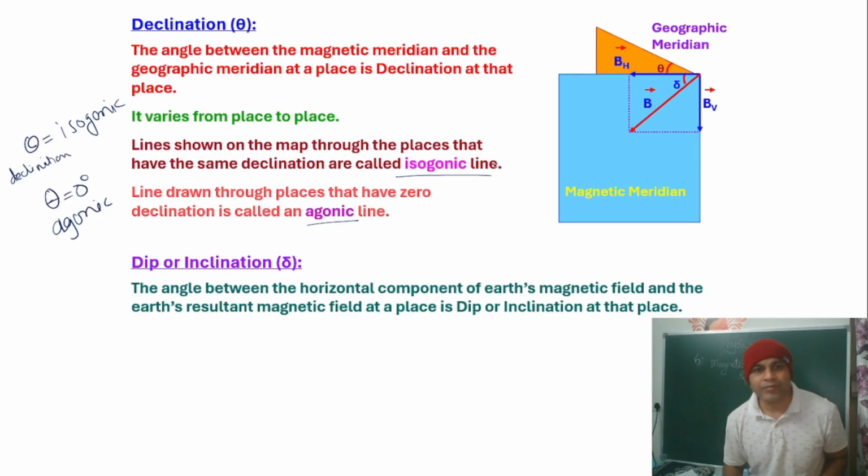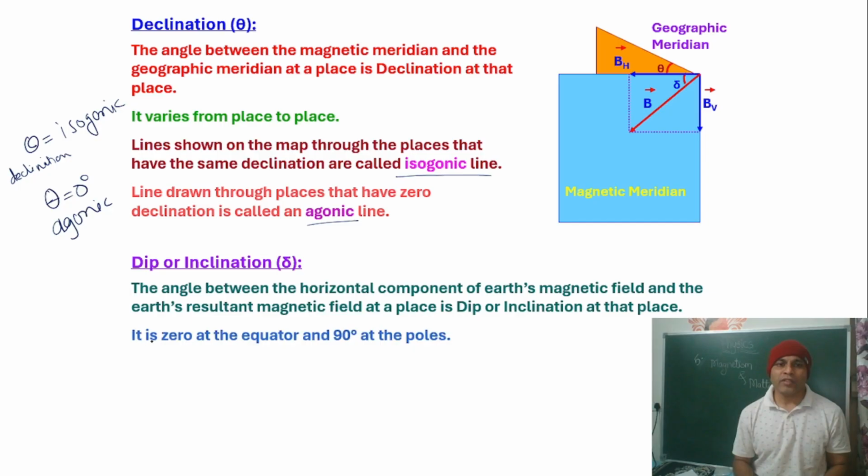The angle between the horizontal component of Earth's magnetic field and the Earth's resultant magnetic field at a place is called dip, or inclination, at that place. It is 0 at the equator and 90 degrees at the poles.